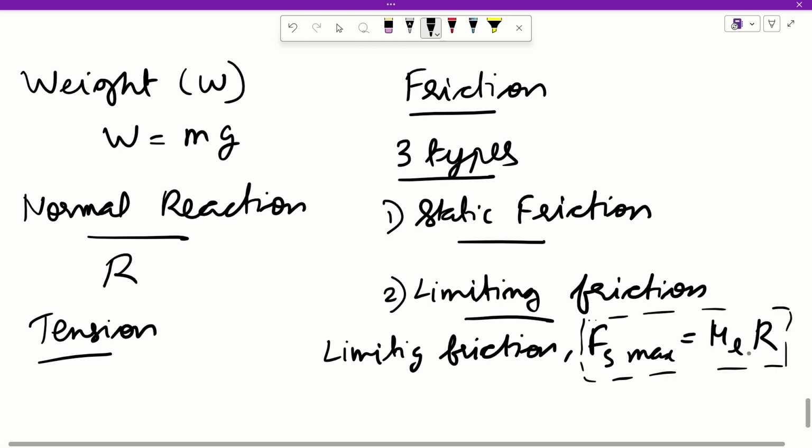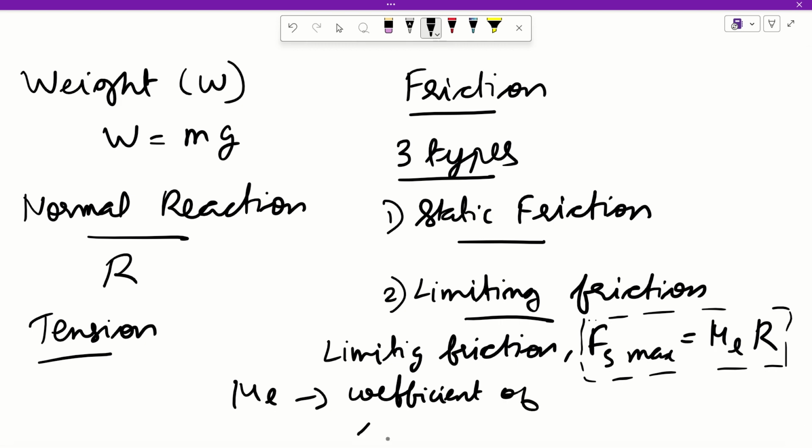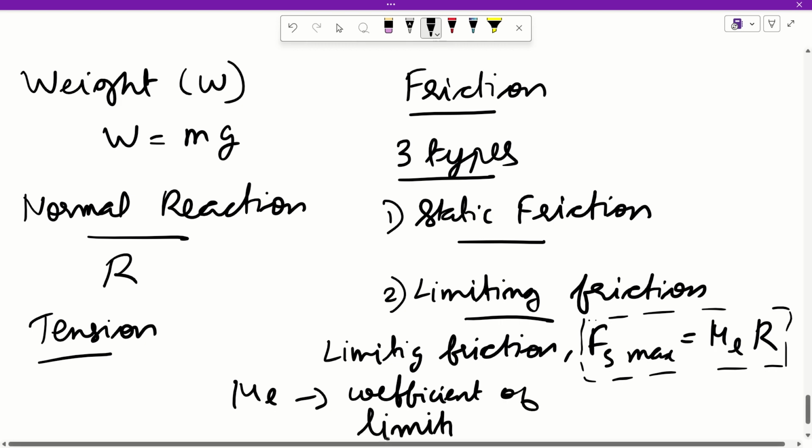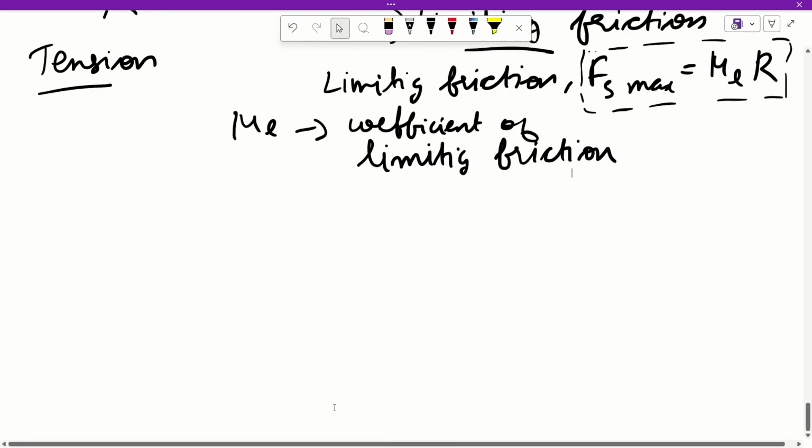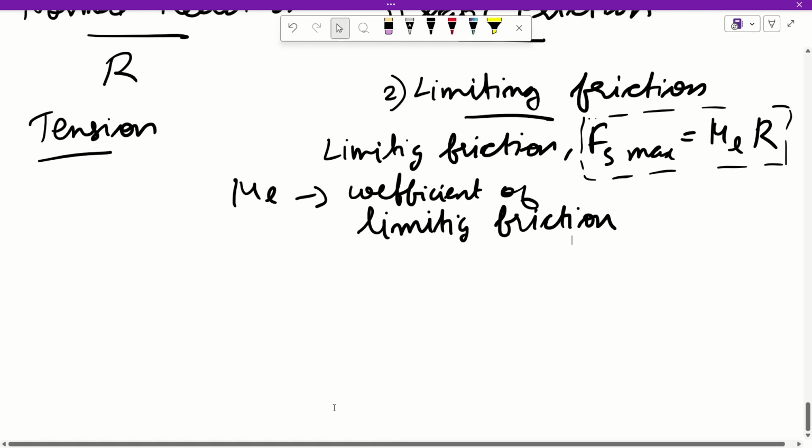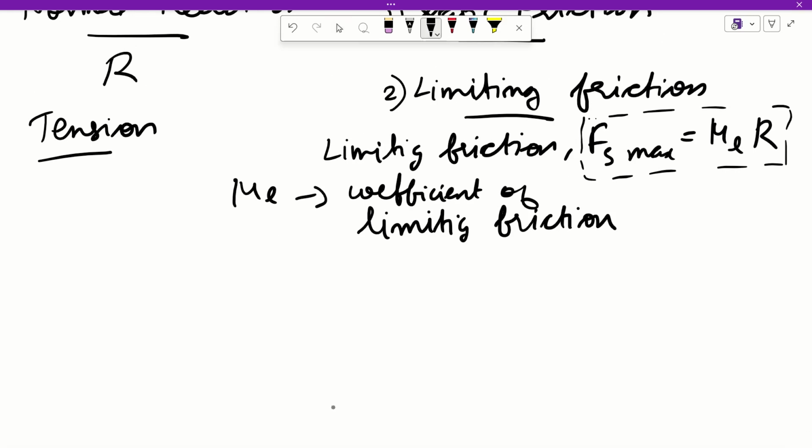Where mu L is the coefficient of limiting friction, and R is the normal reaction.